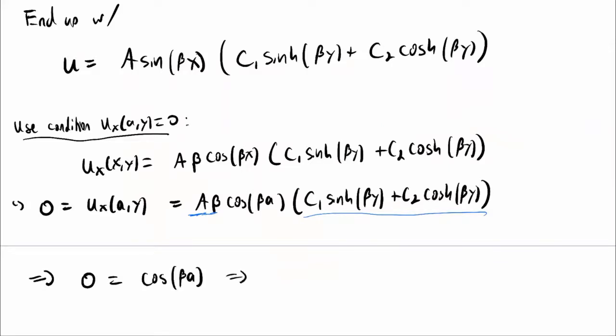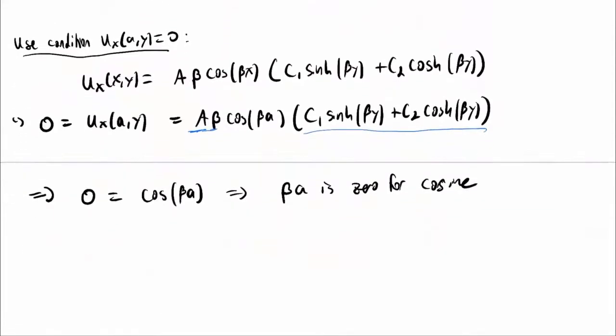And so this tells me that whatever beta is, beta times a is a zero of cosine. But we know what the zeros of cosine are. Remember, the zeros of cosine are given by odd multiples of pi over 2.